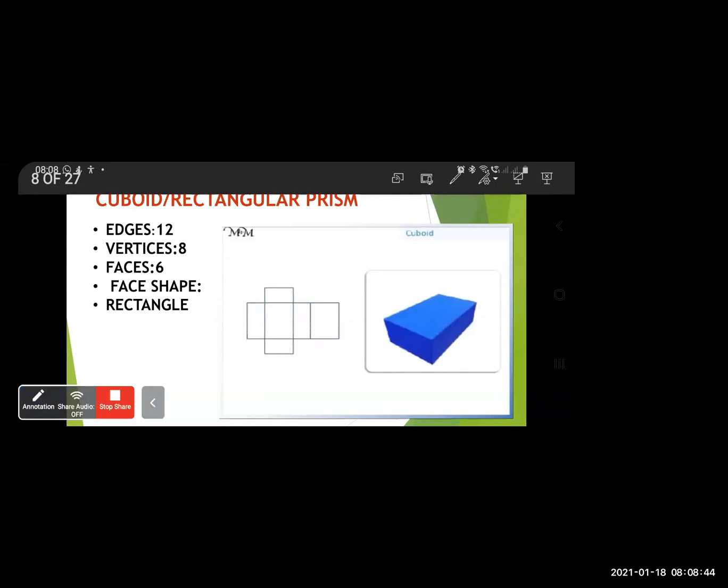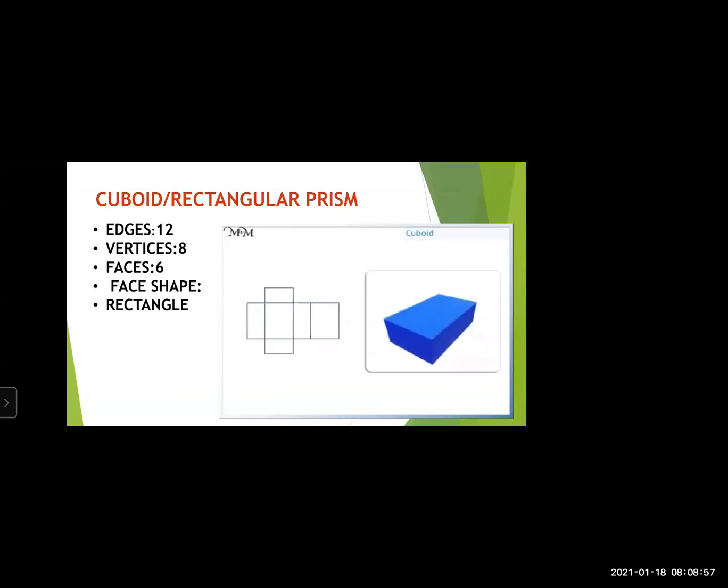Here we can see 6 faces, and each face is a rectangle. Here they have given that a cuboid has 12 edges, 8 vertices, 6 faces, and each face is a rectangle. But what are edges? What are vertices?